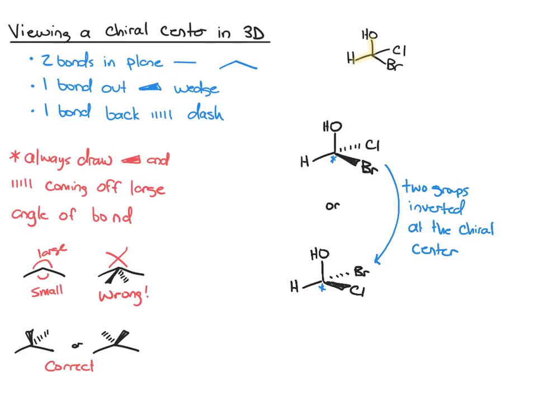These two molecules are a pair of stereoisomers. And next we're even going to learn more specifically what these two stereoisomers are called. They're actually called enantiomers.